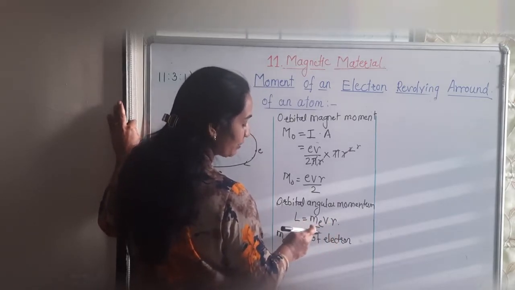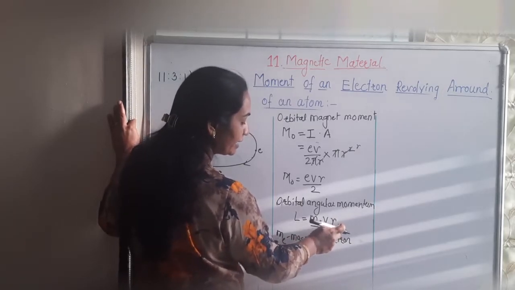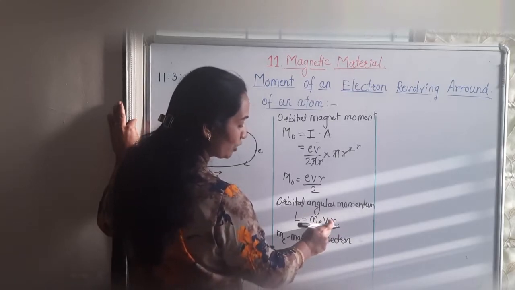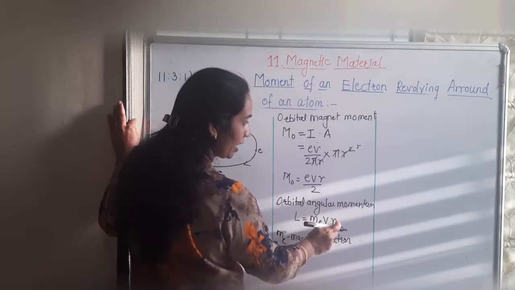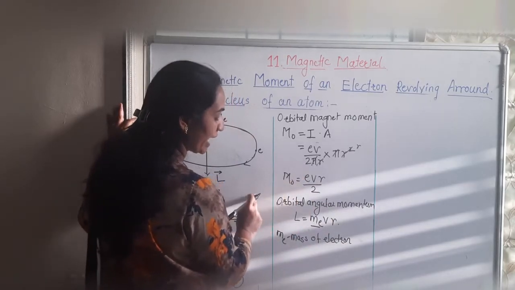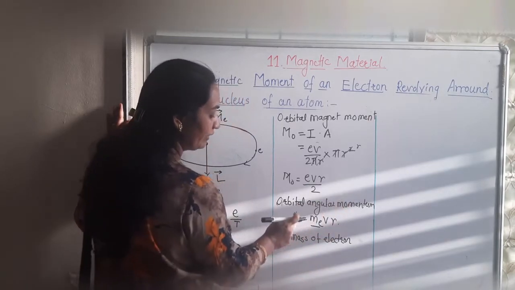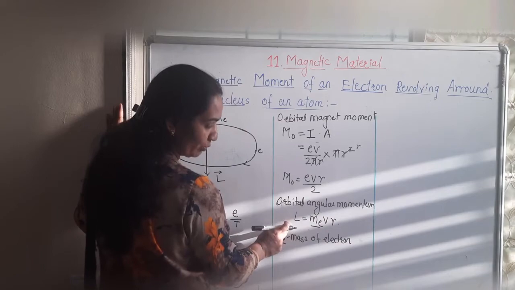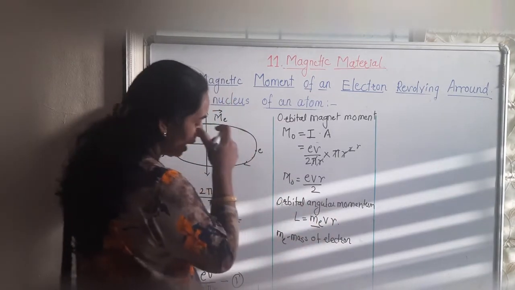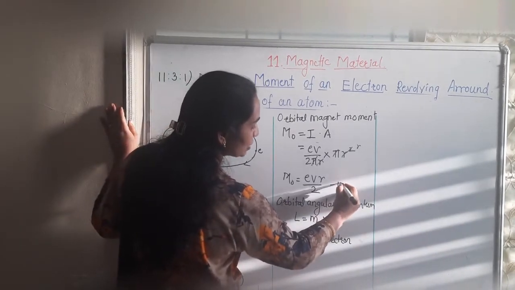So this electron is associated with a magnetic moment as well as orbital angular momentum. Then L is equal to mₑvr, where mₑ is the mass of the electron. This is equation 2.